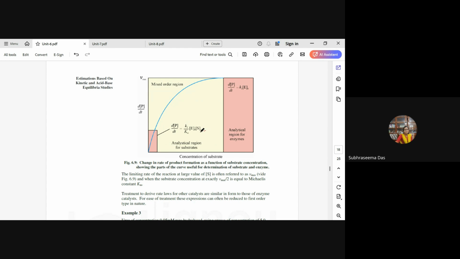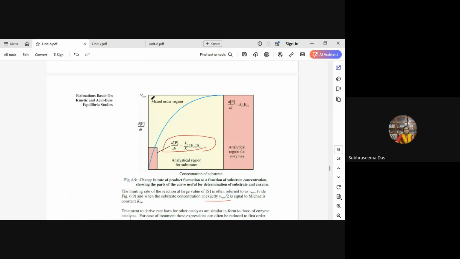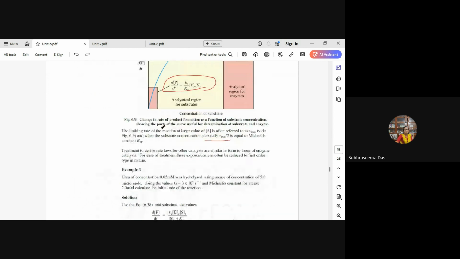The equation dP/dt is equal to k2 by Km into E0 into the concentration of substrate at any time t. Here the limiting rate of this equation is often referred to as Vmax, and when the substrate concentration is at exactly Vmax by 2, it is equal to Km. So this is how we derive the function for enzyme catalyzed reaction.